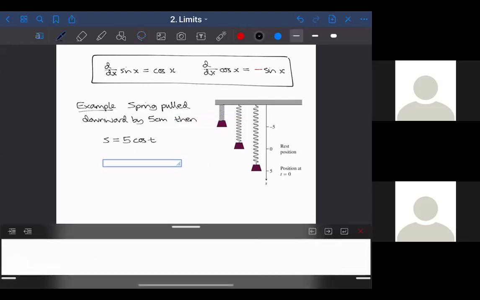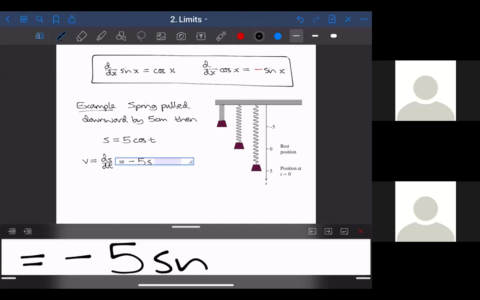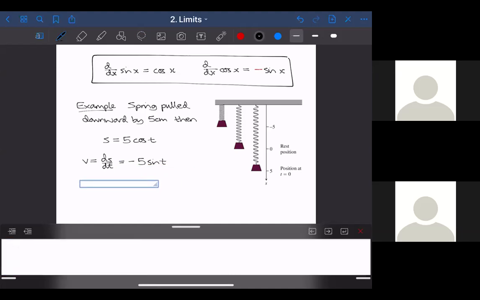So then, using our result above, I can calculate the velocity, which is ds by dt, and the derivative of cos t is minus sine t, so we get this.